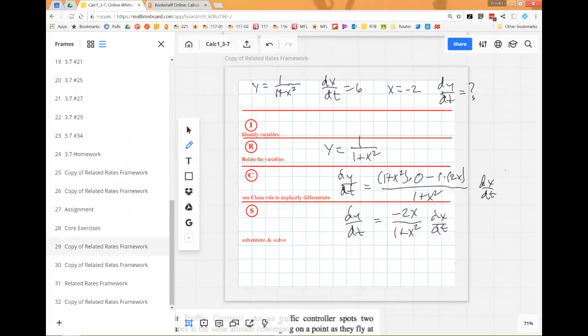I should have done the chain rule. The one thing I'm missing here is we should have taken the derivative of x squared too. So that would be a 2x.